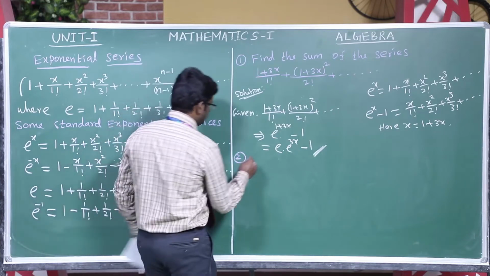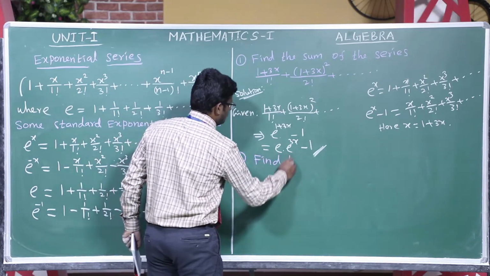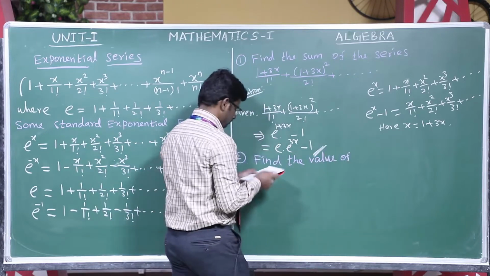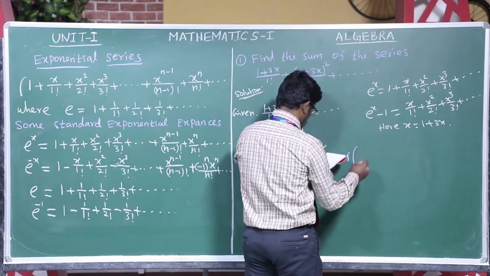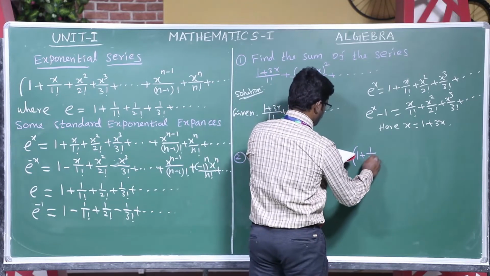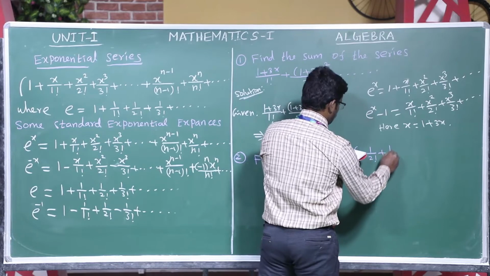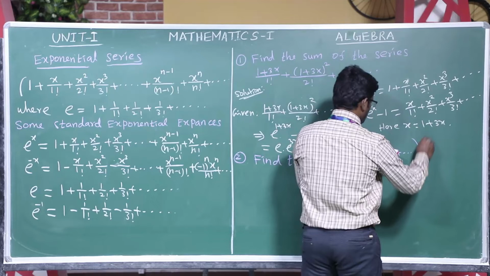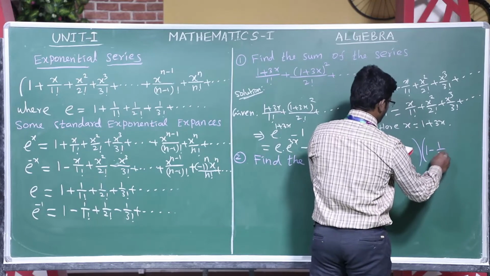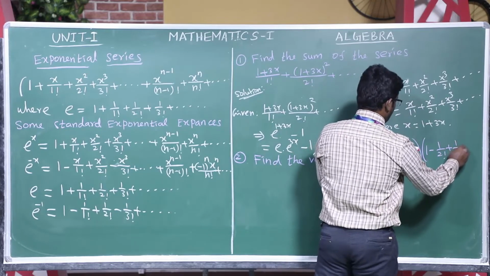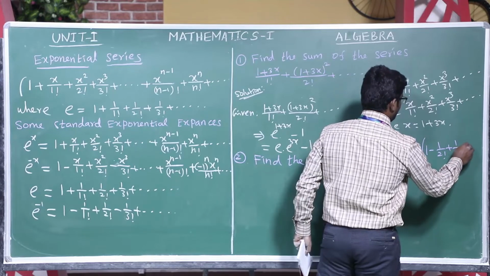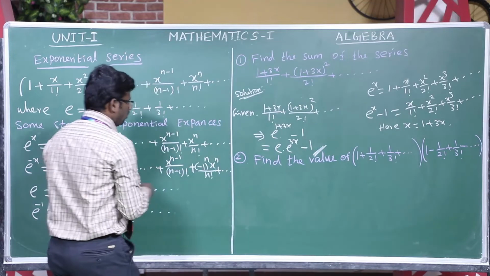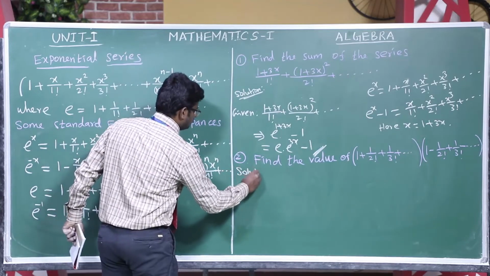Next problem. Find the value of 1 plus 1 by 2 factorial plus 1 by 3 factorial plus etc. into 1 minus 1 by 2 factorial plus 1 by 3 factorial minus etc. Okay, now we can solve.